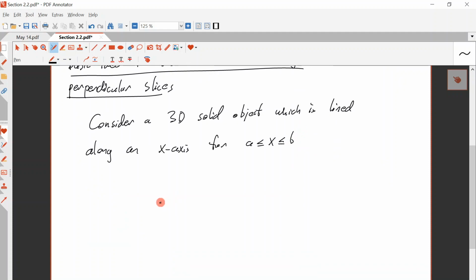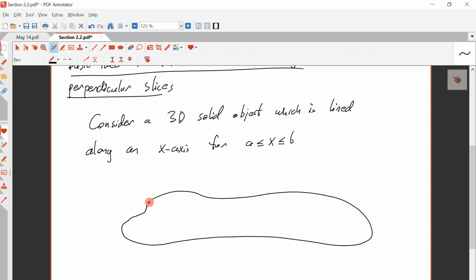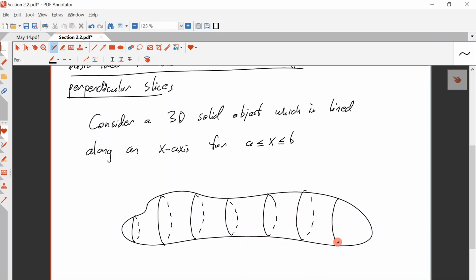So the picture in your mind should be something of this sort. You've got some three-dimensional object, like so, and it's lined up along an x-axis, which I will draw in a moment.